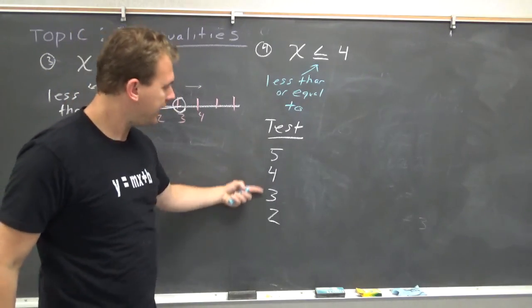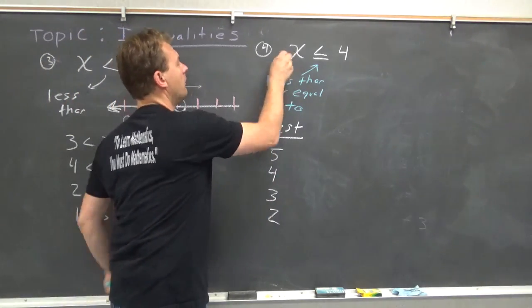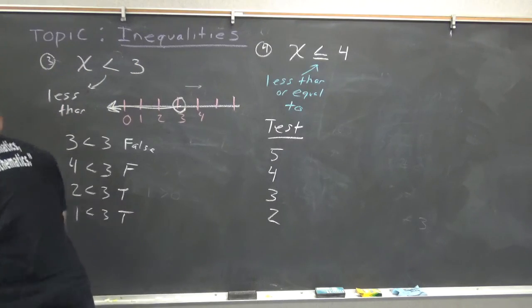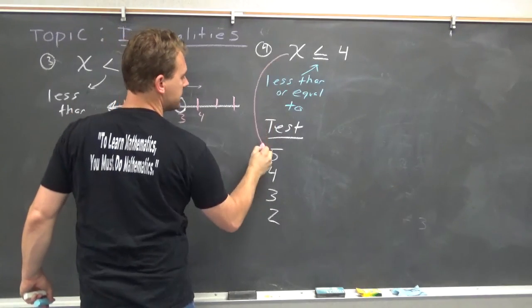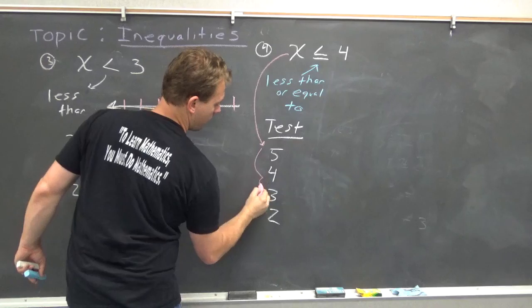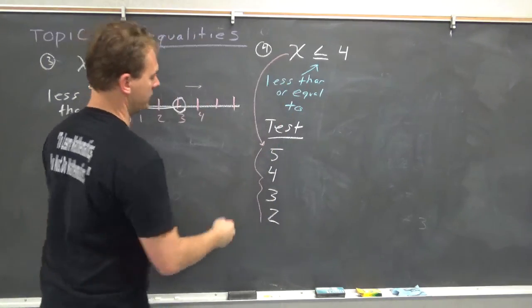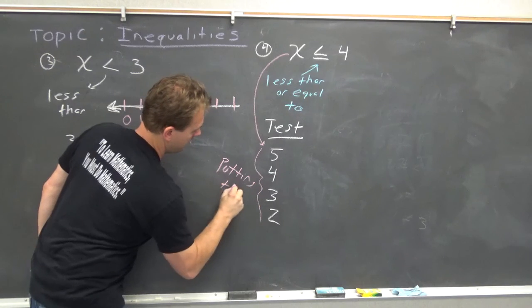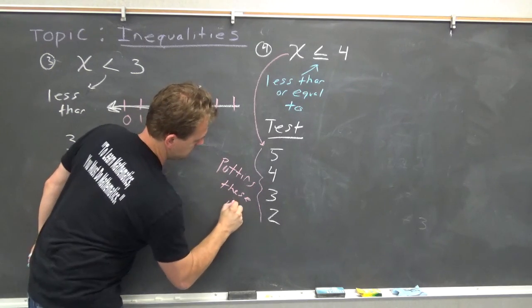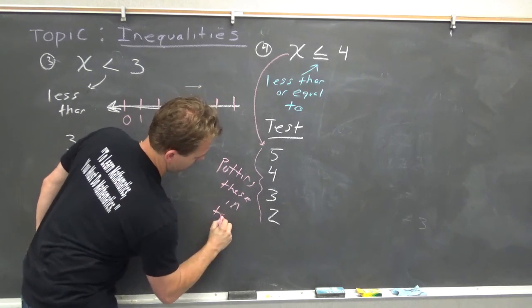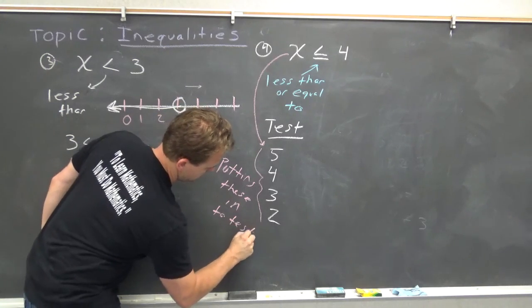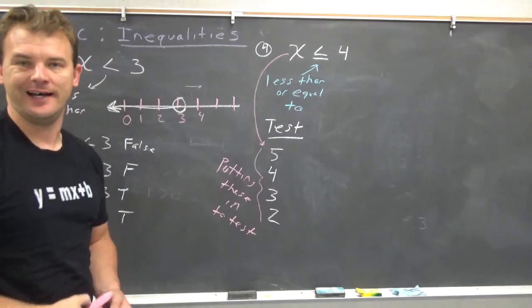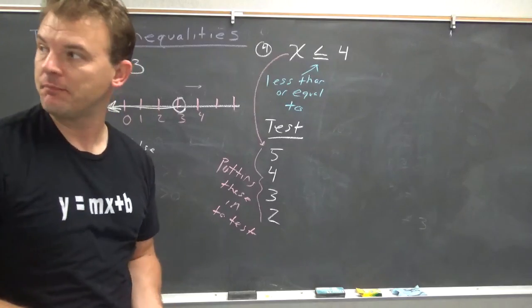We're just picking numbers. So we're taking this and we're putting those in there. We're putting these in to test and see if this is correct.